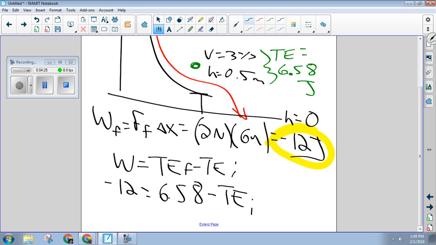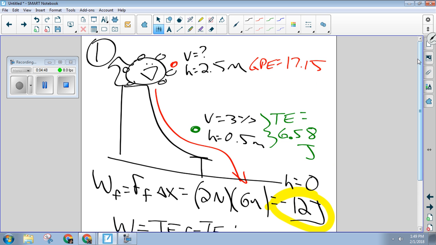So if you solve this, you subtract the 6.58, and you get negative 18.58 equals negative TE initial, and the negatives cancel. Follow? A lot of people mixed up this algebra. A lot of people had plus here instead of minus, which is weird. Okay, so what that means then is that up here, the total energy's got to be 18.58.